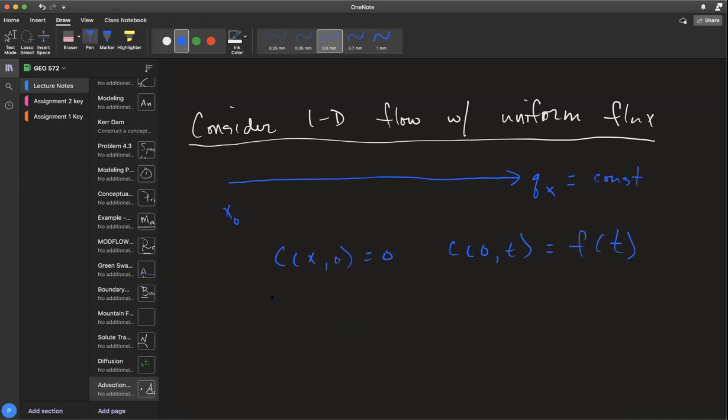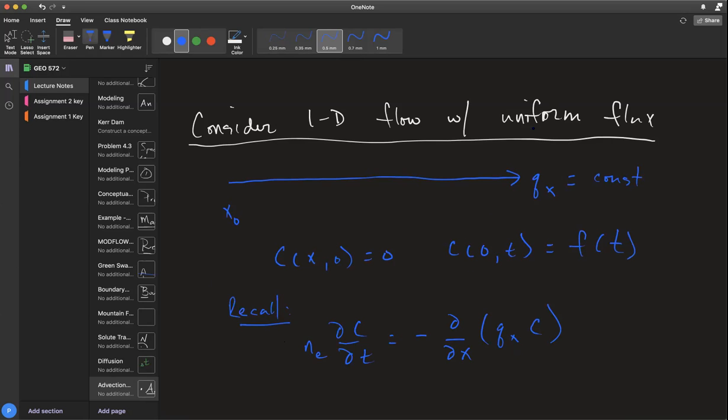Okay, so let's look at our 1D equation. It looked like this: n_e dc/dt is equal to negative d/dx of q_x c.